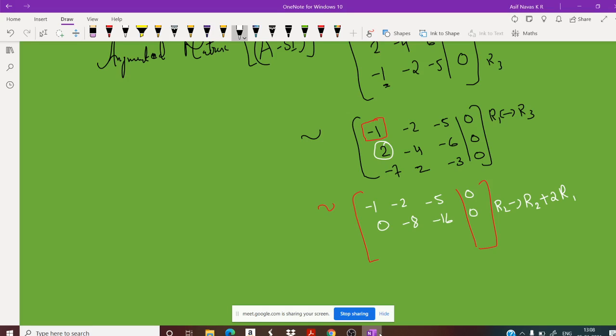This is 0. And what is the third row operation? R3 minus 7R1, so this becomes 0. What is the next element? 16, and here 16 plus 16 is 32, equal to 0.